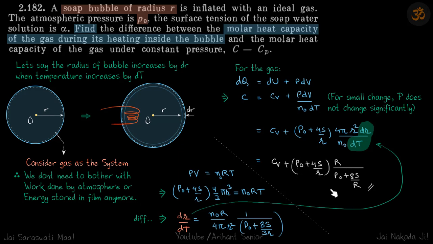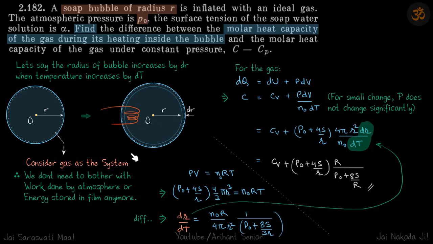From this equation you can also see that when r is large, the molar heat capacity is less. That means as the bubble increases, less heat is needed per mole to increase the temperature of the gas. When the bubble is small, the heat needed to raise the temperature is more.